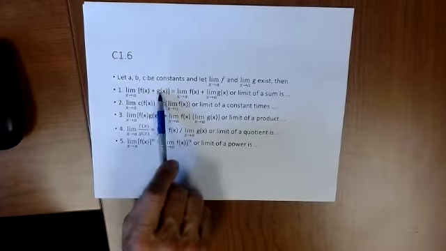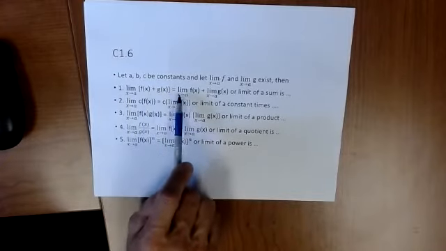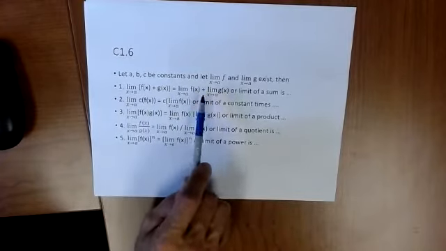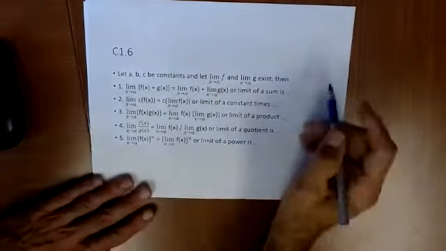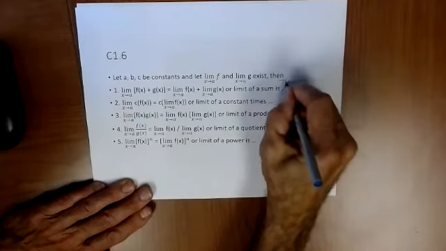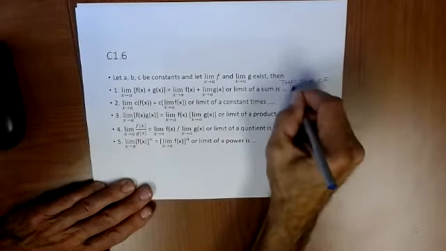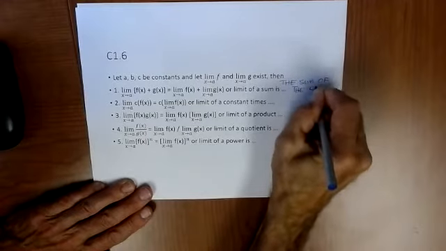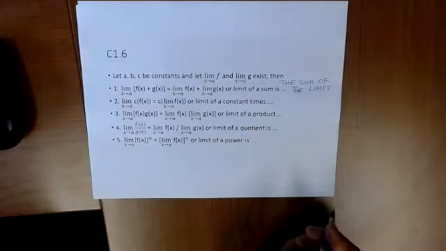The theorem says that the limit as x approaches a of a sum is the individual limits added together. So the limit of a sum is the sum of the limits. And we'll go through each one of these with a demonstration like I mentioned.